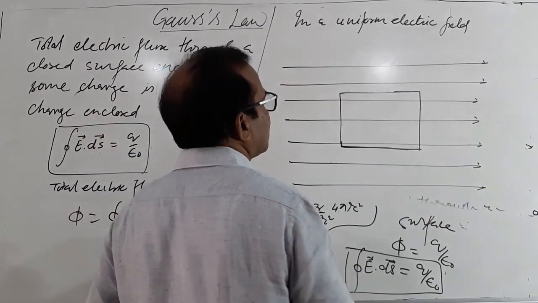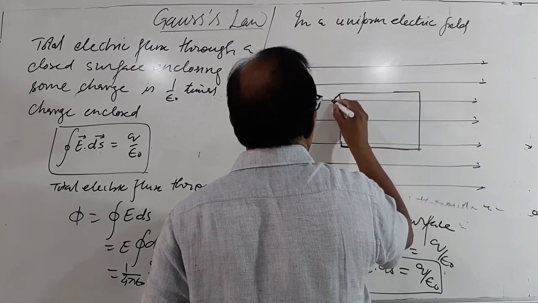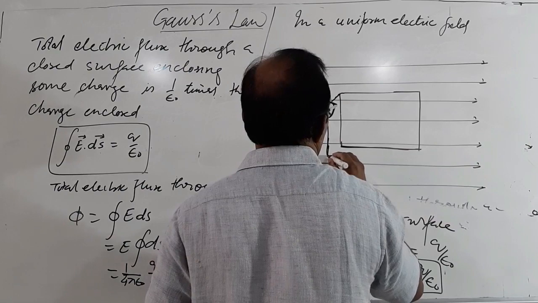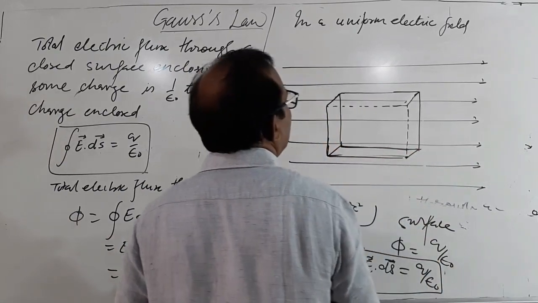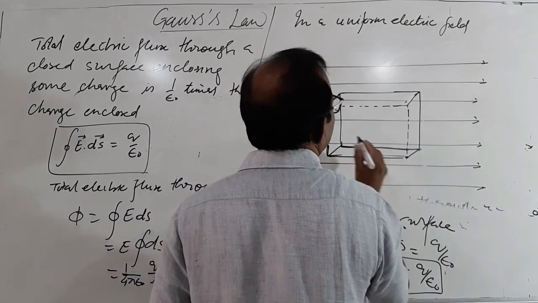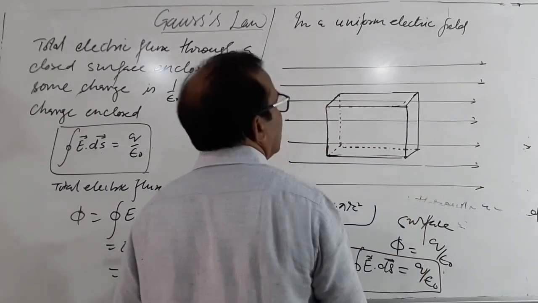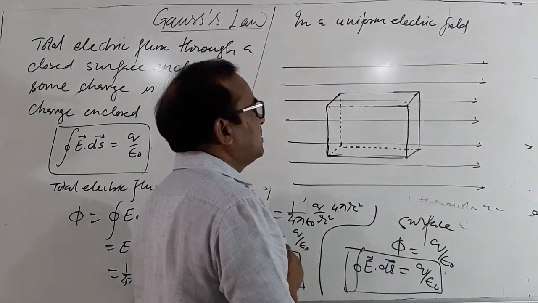I am taking a rectangular closed surface, and electric field lines are passing like this. So this is a rectangular closed surface.